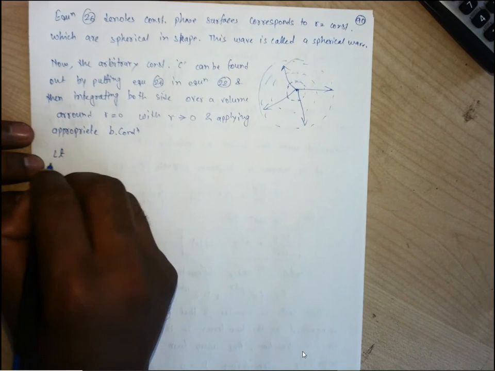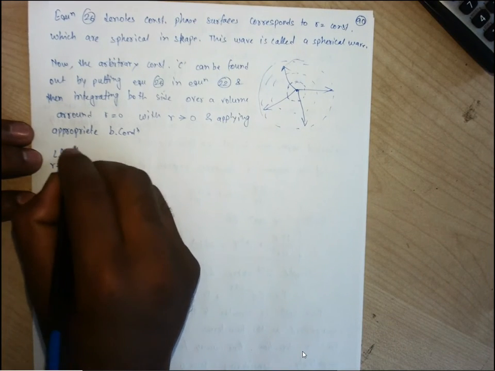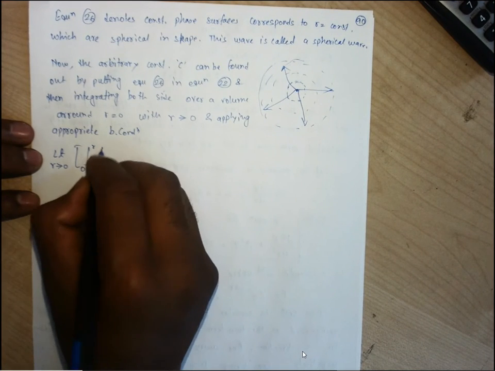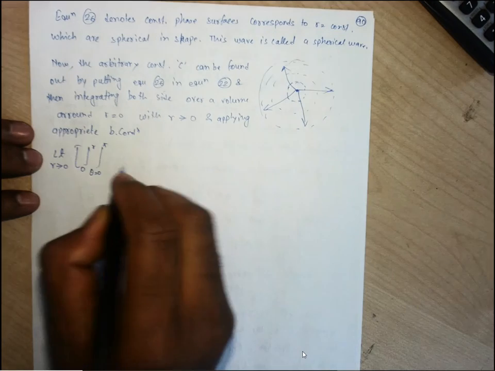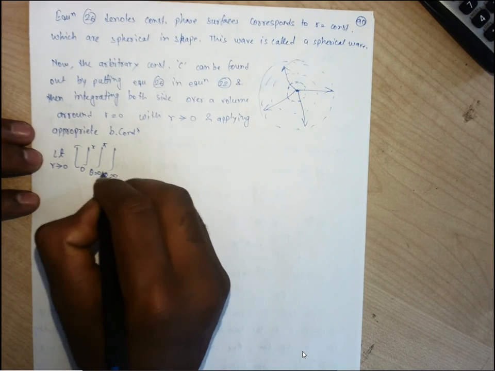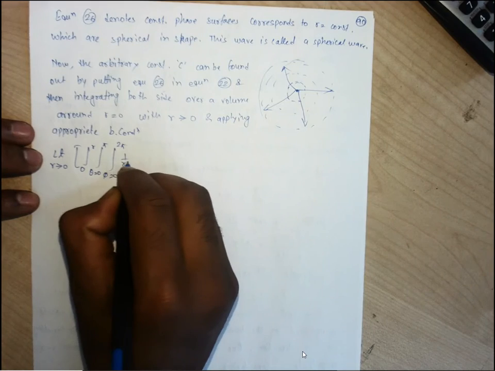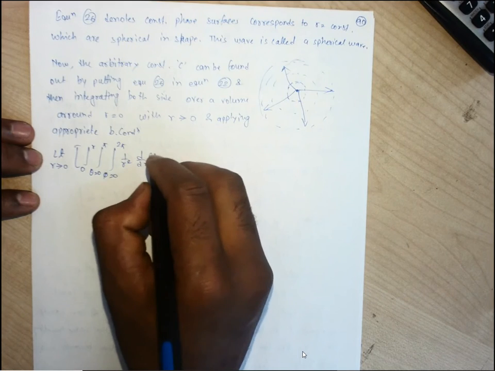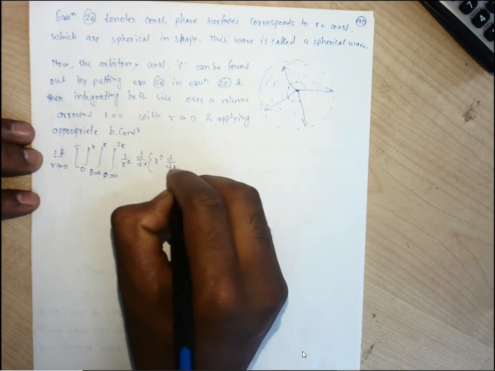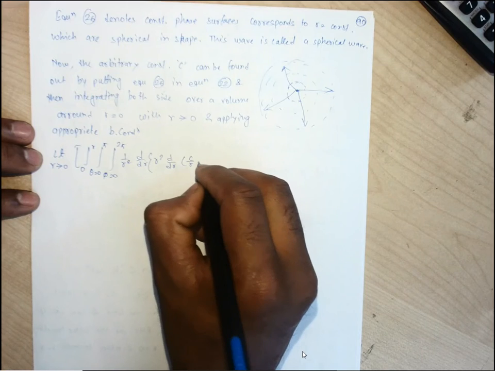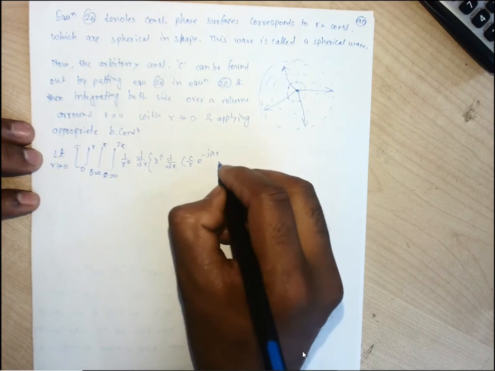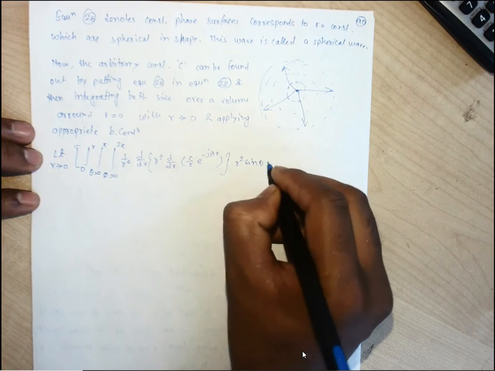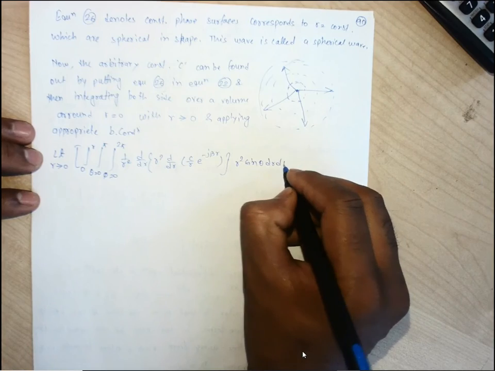so limit r tends to 0, we will take integration from 0 to r, theta from 0 to pi, phi from 0 to 2 pi, 1 by r squared d/dr. We are going to put the value of this g, r squared d/dr of C by r e to the power minus j beta r squared sin theta dr d theta d phi.